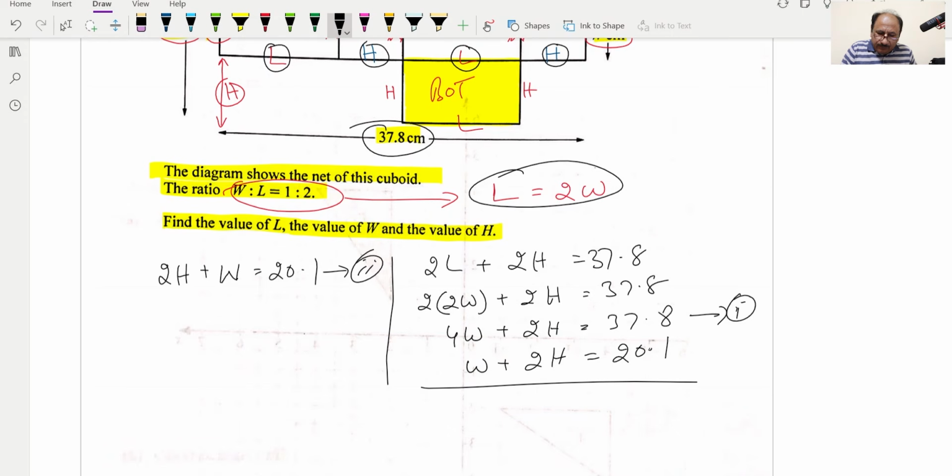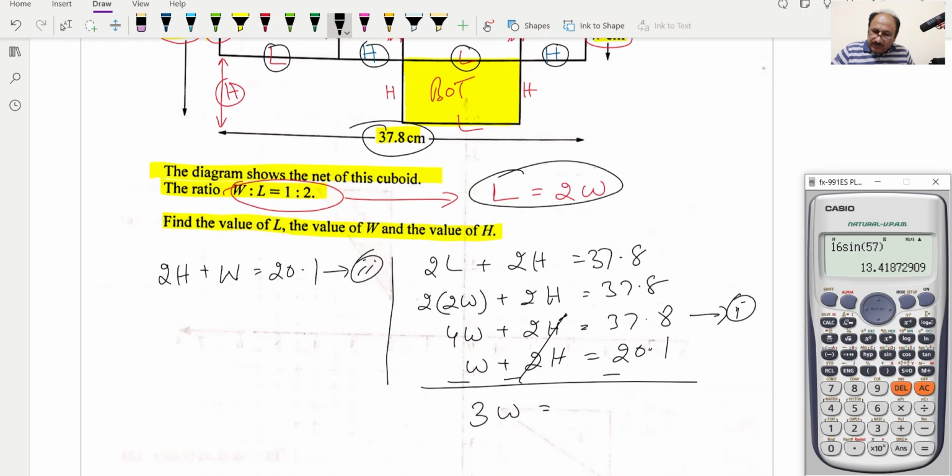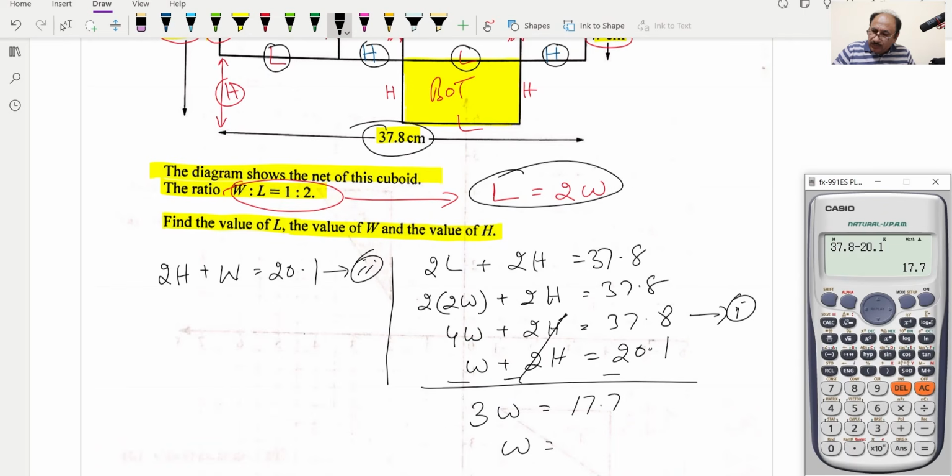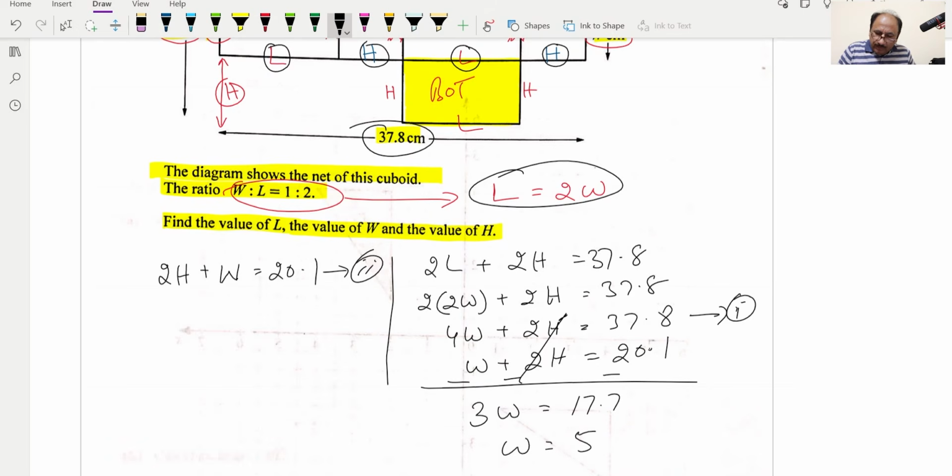And if we subtract, change signs, and this will be cancelled, and we will get 3W is equal to, we will simplify, 37.8 minus 20.1 is equal to 17.7, and W will be equal to 17.7 divided by 3 is equal to 5.9. So width W is 5.9.